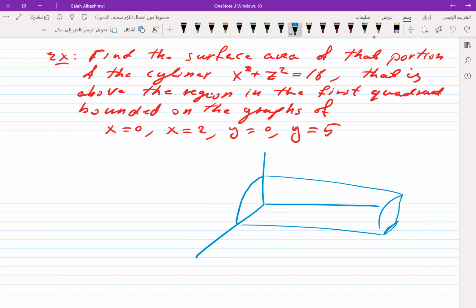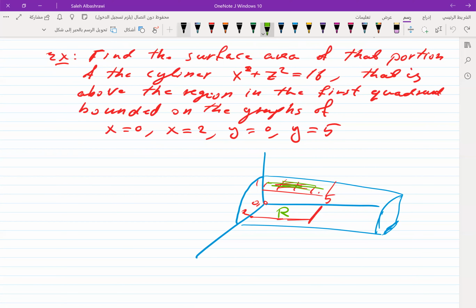And R is just the rectangle from x equals 0 to x equals 2, and up to y equals 5. This is y equals 5, this is x equals 2, and this is (0, 0). So we're looking for this surface. I need to find the area of this one, down here, this is my region R.